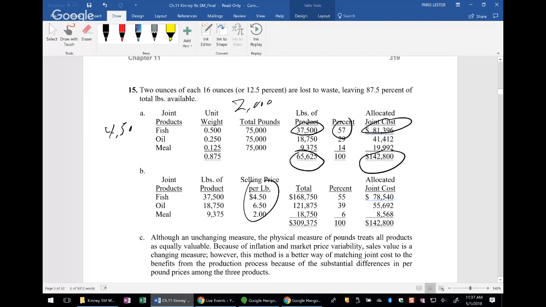And where'd you get to 37.5? Yeah, they gave it to you, didn't they? They processed so many tons. So this is really just 2 times the 37.5 to give you the tons, right? Or total pounds.